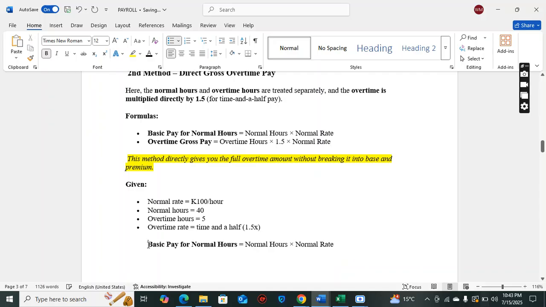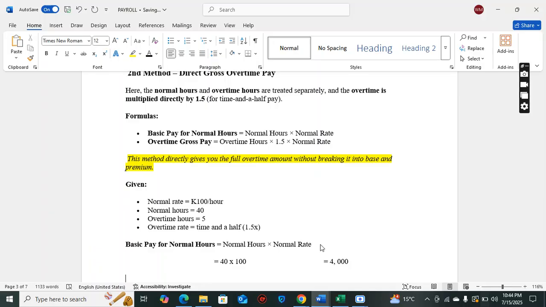Here we're just going to say 40 hours worked times the normal rate, 100 kwacha per hour, we get 4,000 kwacha. That's the basic pay.